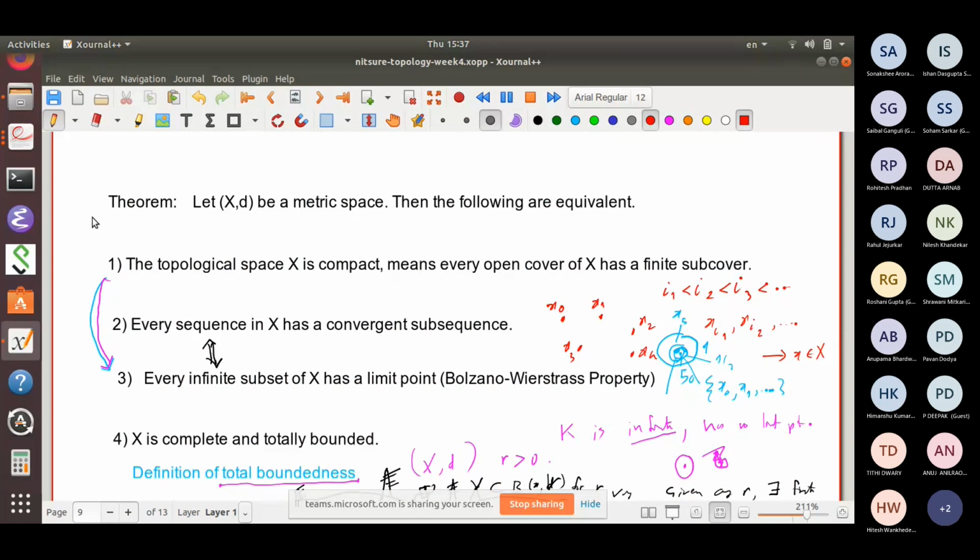Some of these properties are here, but there are a whole lot of properties possible. One of them says that every sequence has a convergent subsequence, and the other one says every infinite subset of X has a limit point.